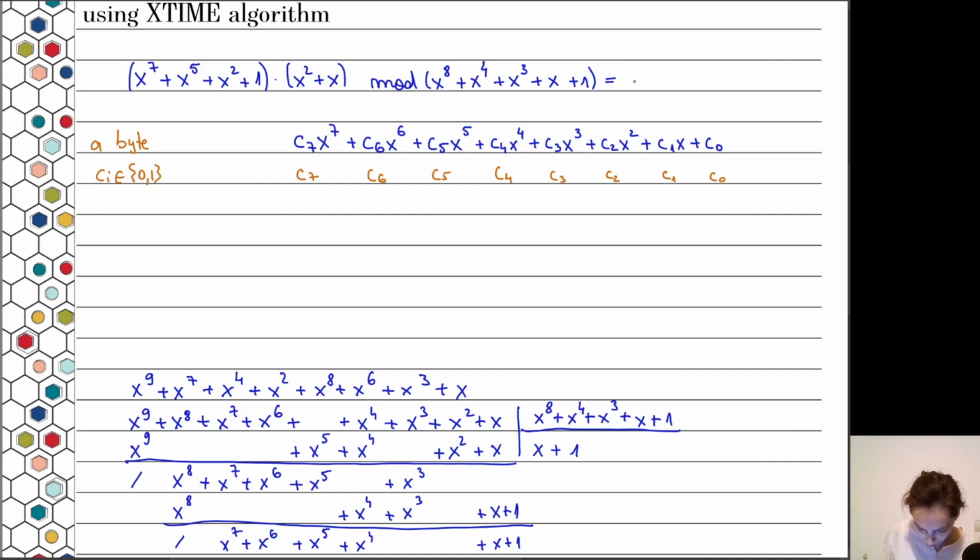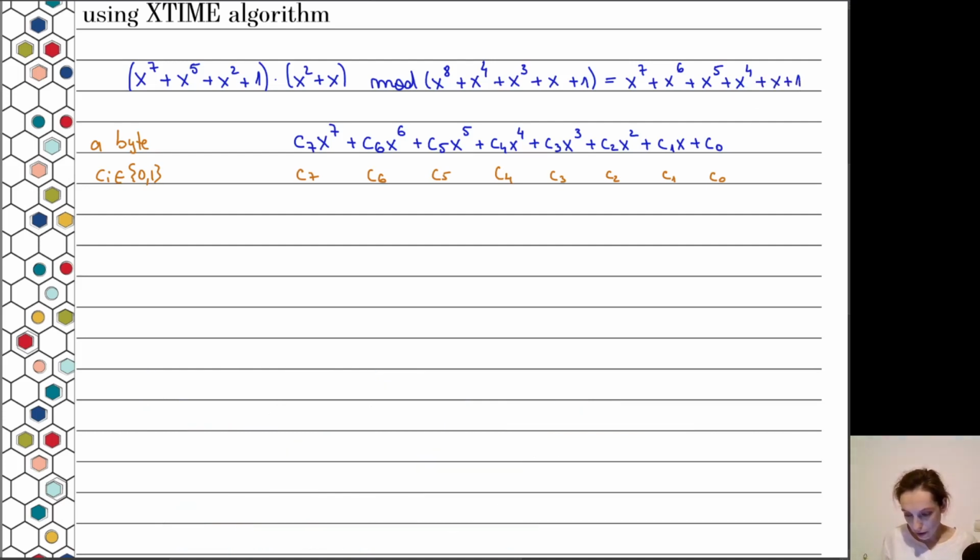So the result will be x powered by 7 plus x powered by 6 plus x powered by 5 plus x powered by 4 plus x plus 1. We may also write this polynomial as a byte.